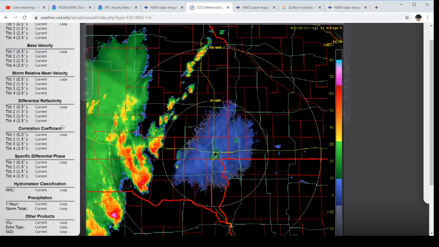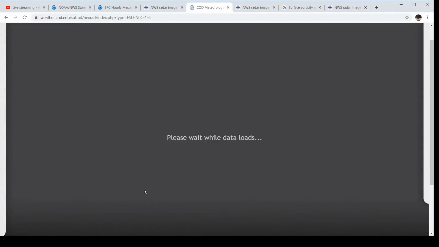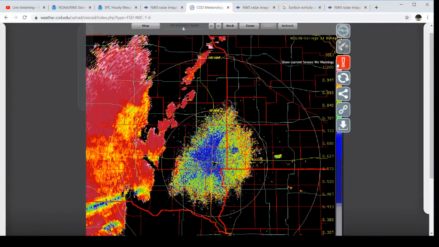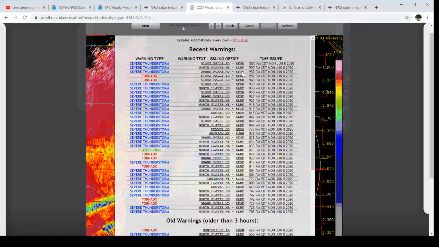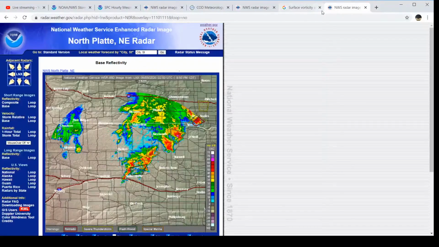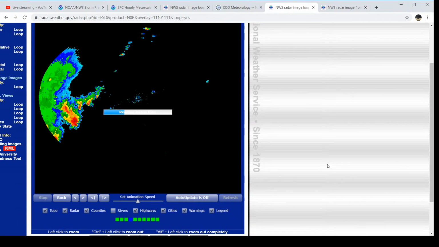See if we can confirm a tornado. Can't see anything offhand. Let's see, they got another severe thunderstorm warning. Maybe it's time to refresh this.